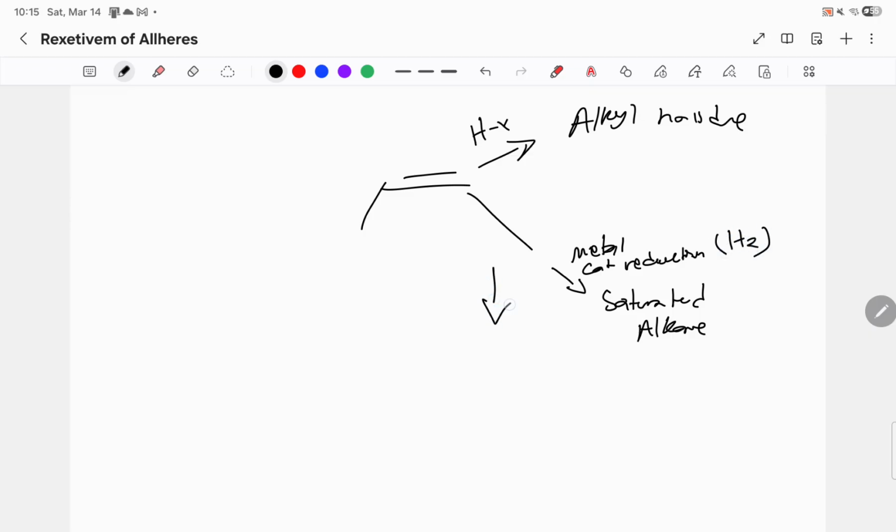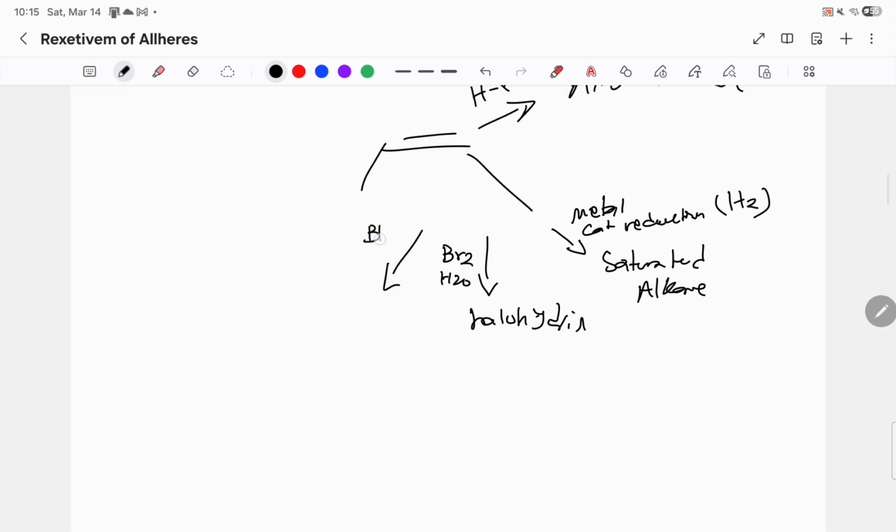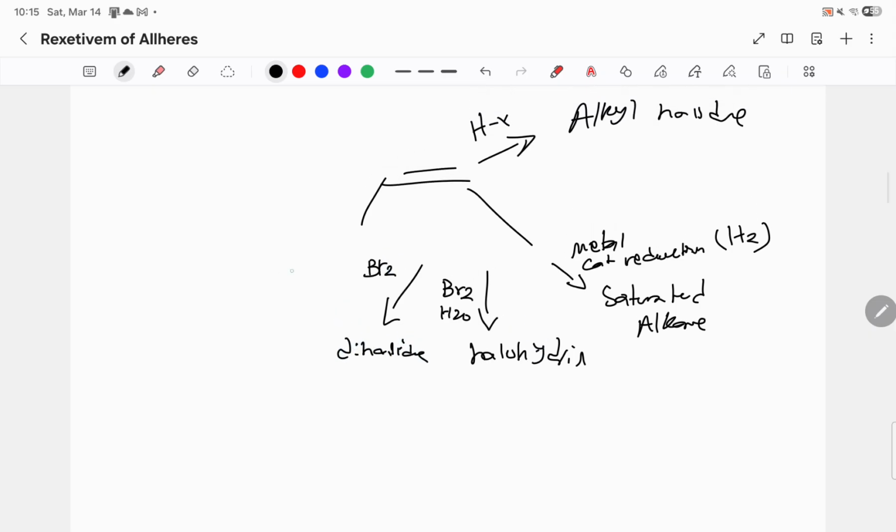I can turn the alkene into a halohydrin, and the way I do that is by adding Br2 or Cl2 in water. I can just get a dihalide, and that's by adding Br2.